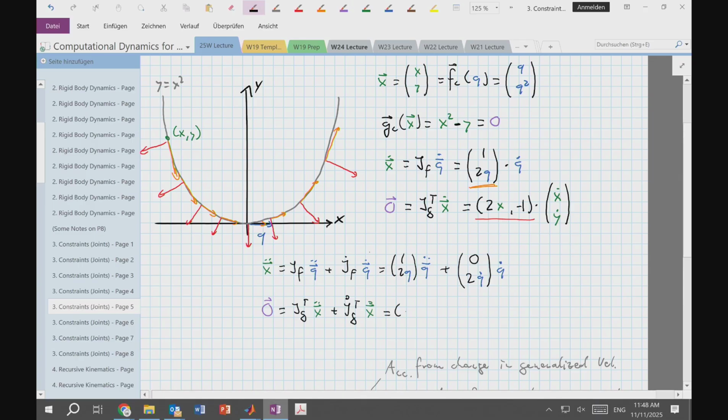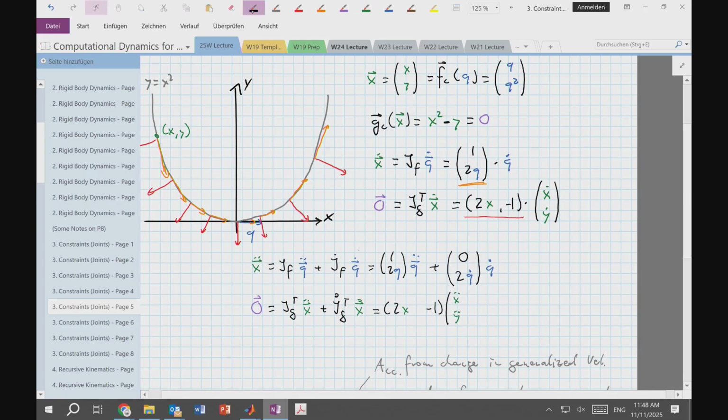So I get 2x and minus 1 times x double dot, y double dot. And sorry, this shouldn't have this. No, it doesn't matter. It's a one-dimensional constraint, so I can remove all these arrows, but they're not really wrong in that sense. What's the time derivative of Jg?